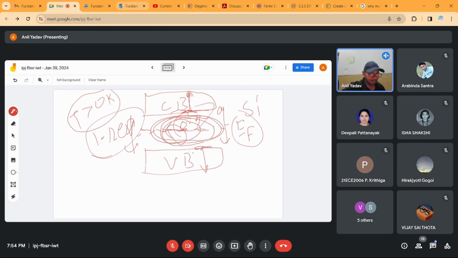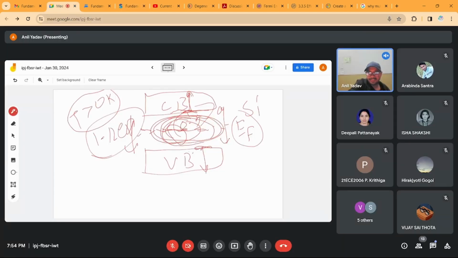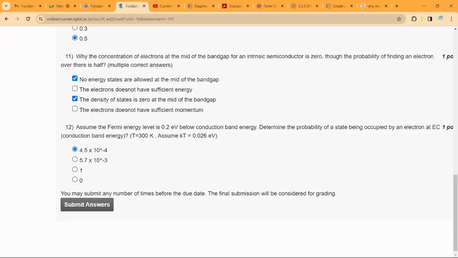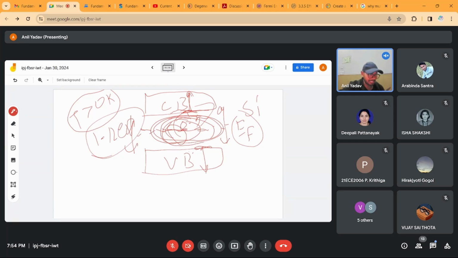So the probability is still there, but we cannot have the electron in between. The charge carrier density is nothing but the multiplication of the probability and density of states. That we will introduce in the next tutorial.